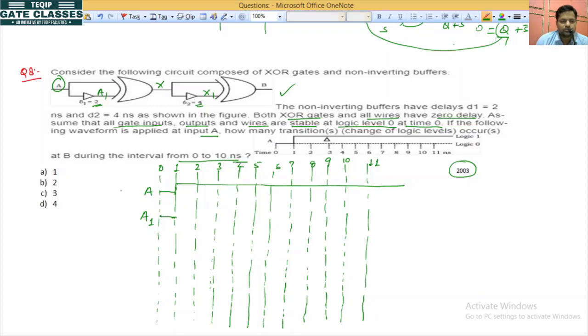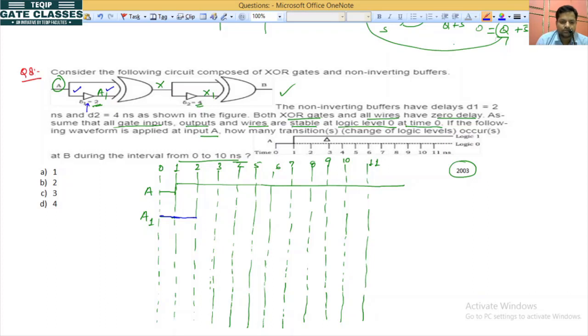So it is 0 up to when? Up to 2 nanoseconds A1 will be 0, because after 2 nanoseconds this input is reflected on the output. Okay? Because this non-inverting buffer has a delay of 2 nanoseconds. So whatever the initial value is, that will occur up to 2 nanoseconds, because it is waiting for the output to come from the first non-inverting buffer.